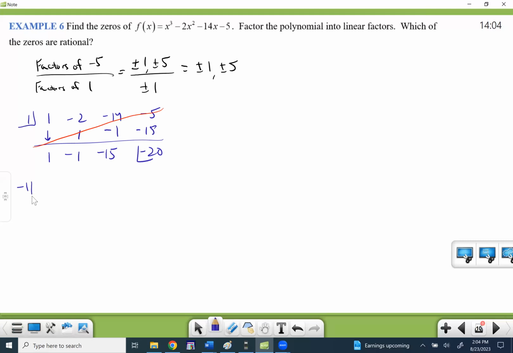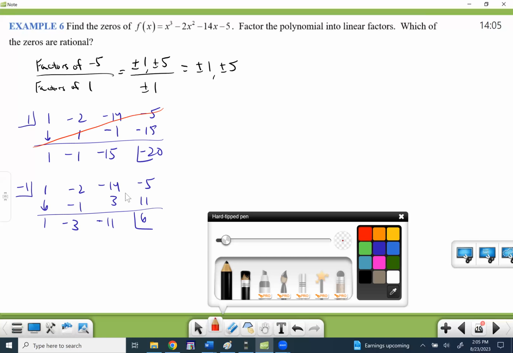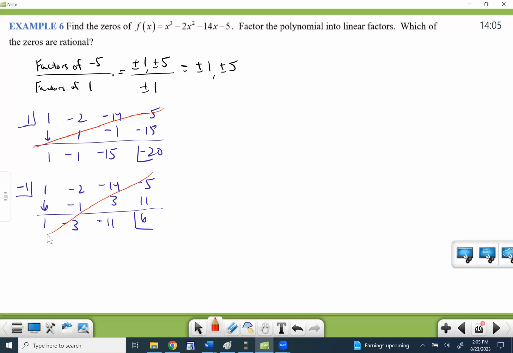Why don't we try -1? -1 times 1 is -1. Add downward. A negative times a negative is positive. Add downward. Negative times a negative is a positive. Okay, again, we don't get remainder 0. So -1's not a zero.